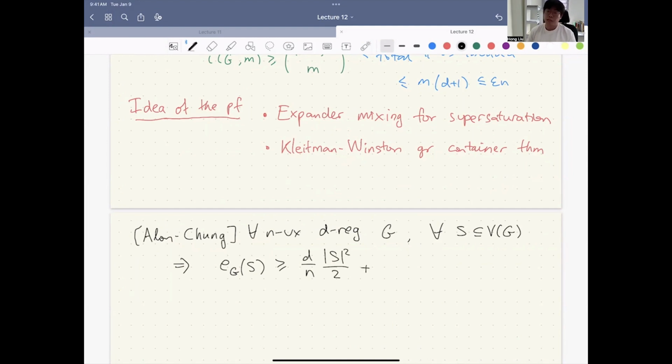This is the expectation, sort of, if the graph is random, plus lambda. I think not. Lambda means the smallest eigenvalue, I think. One second. Yes, so lambda n of G.